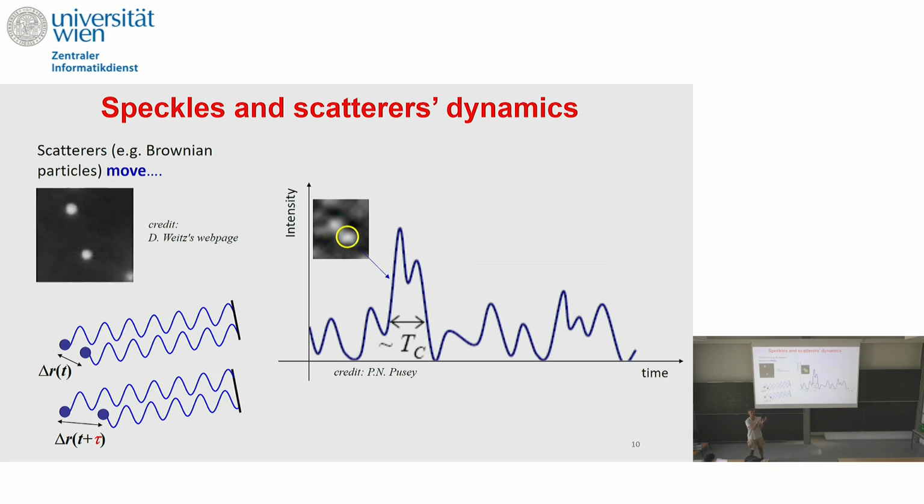So you fix the scattering angle and you fix the fact that you're using a green laser rather than an X-ray beam or a red laser, and you know exactly that if this characteristic time is 1 second, that's the time it takes for a particle to move over, let's say, 50 or 100 nanometers. And you know that precisely.